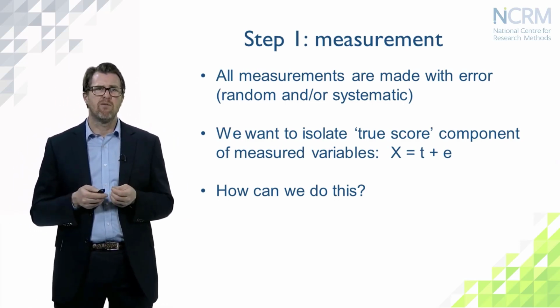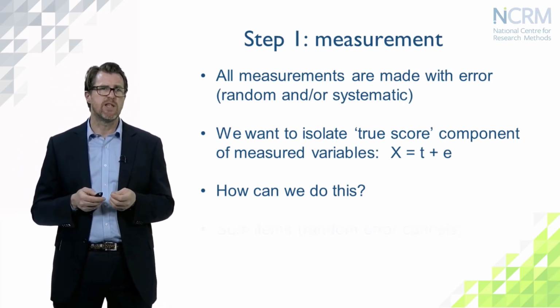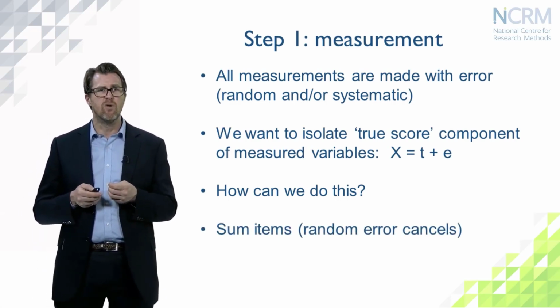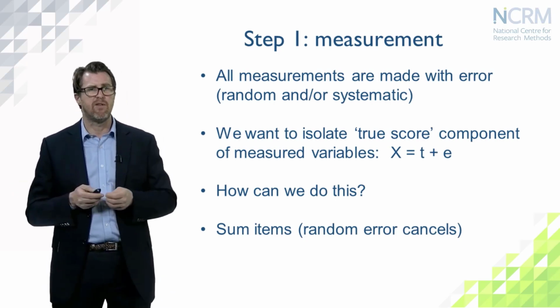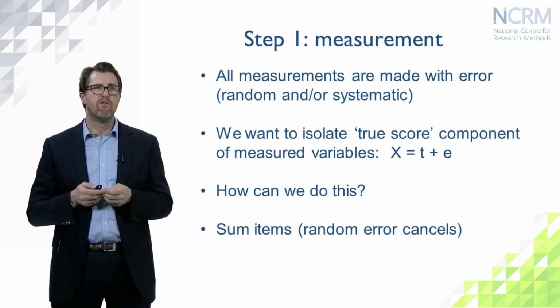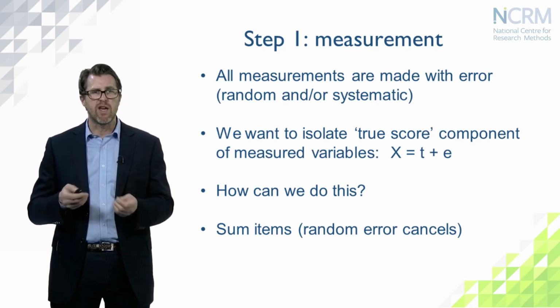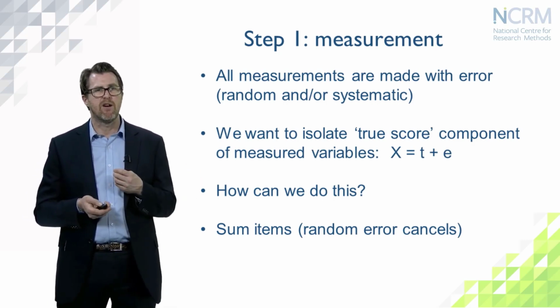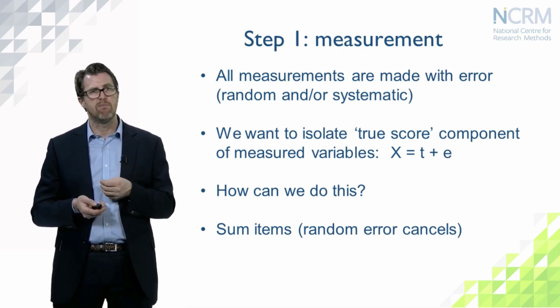Now, one quite straightforward and useful way of doing this is simply to add the scores across a number of different x variables. If we have, say, 4 variables which are all measuring the same underlying concept, then we could just add those up and take a summed score.